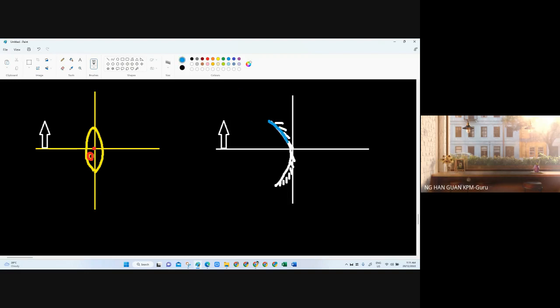center of curvature, which is the curvature of the mirror. This curvature is a part of the circle. Then we have what we call the center of the curvature, which is the center of the circle, just like in the textbook given here.